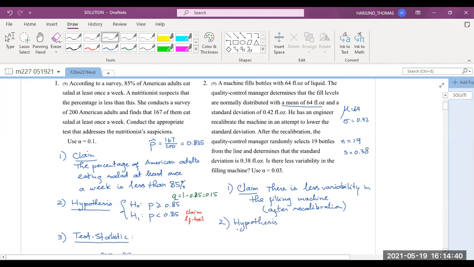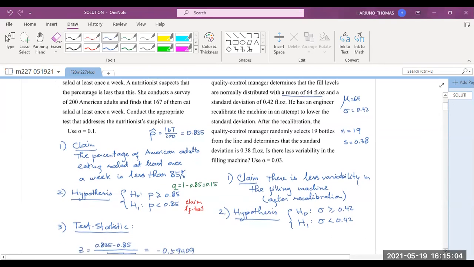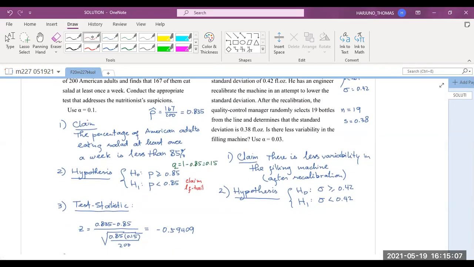Our sample standard deviation is less than 0.42, but does it mean the new standard deviation is less than the earlier one? Here we see again that the claim is with the alternate hypothesis, and that's again a left tail.